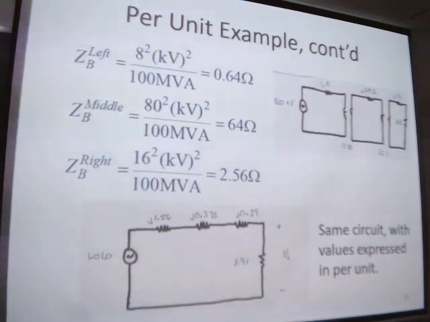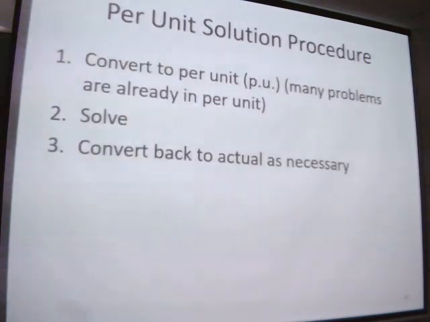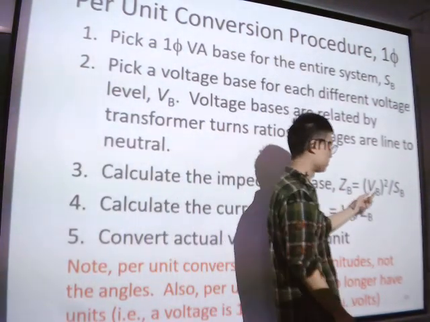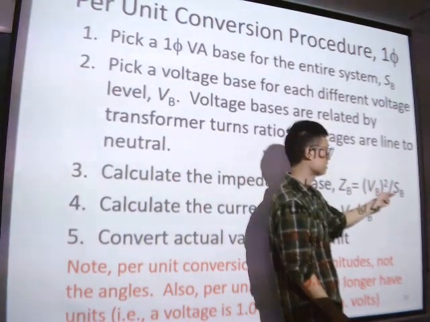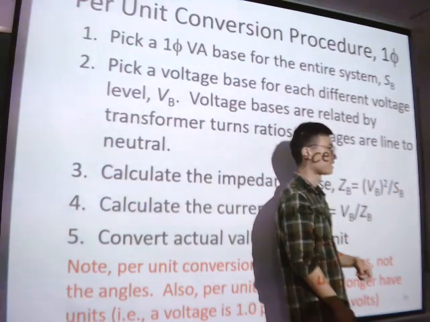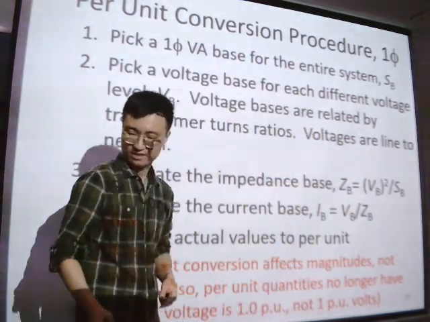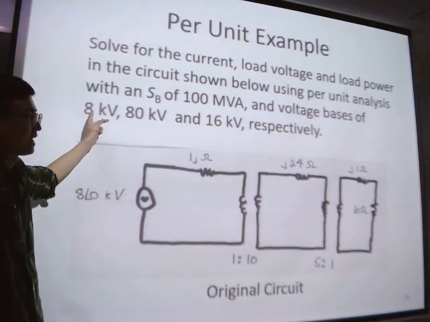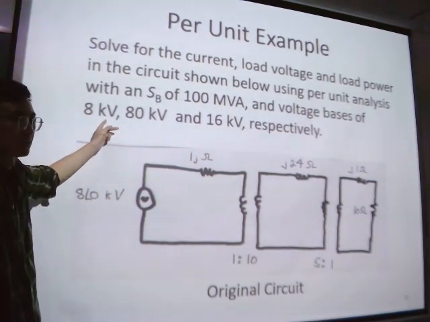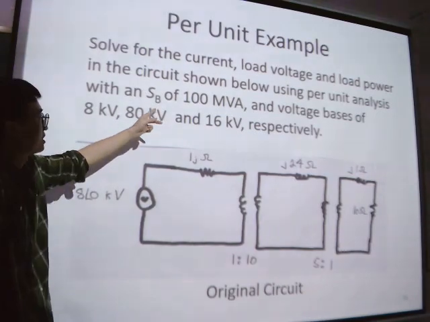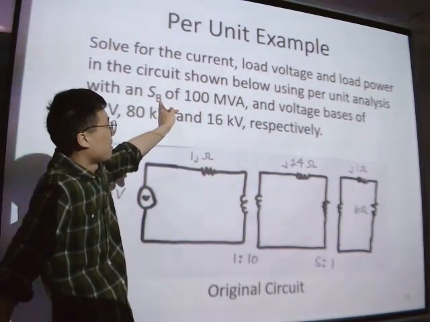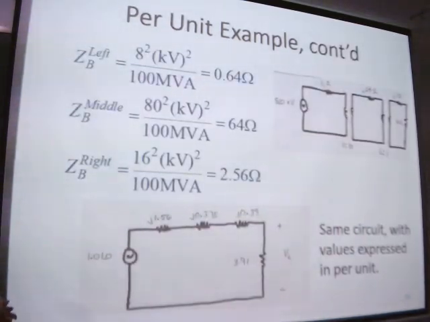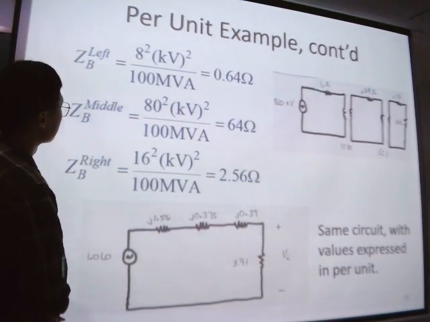It's quite easy, right? For the Z base, you do it here, remember? Z base is V squared divided by the complex power, okay? Because we know the voltage base and we also know the power base, so we can get the impedance base.